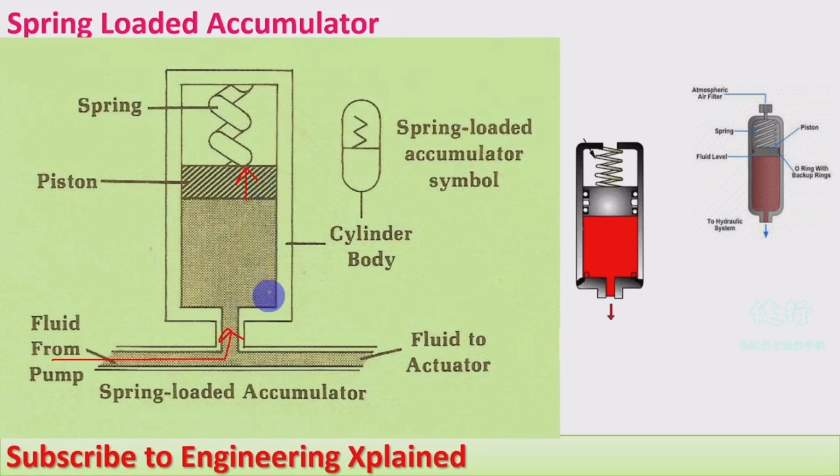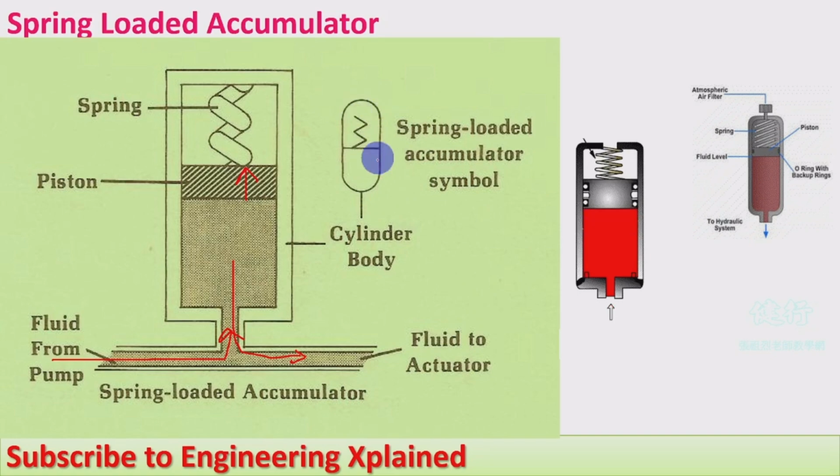When the pressure in the system is reduced, the fluid starts flowing from this accumulator, and the spring expands and forces the fluid to move into the system. That supplies the potential energy stored during compression, and thereby the system maintains the fluid flow and the energy required, and that can be represented like this.